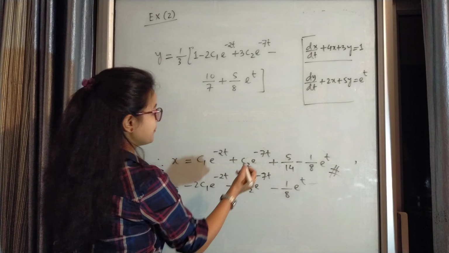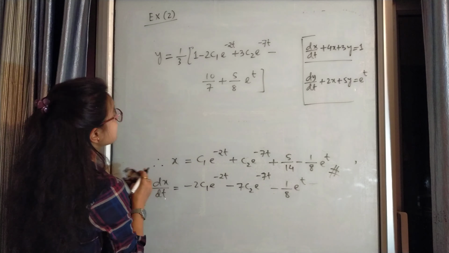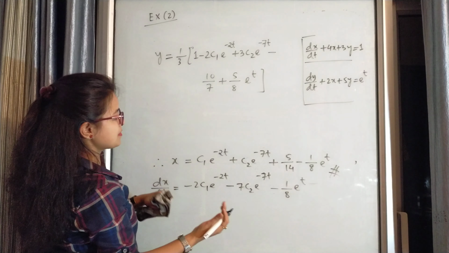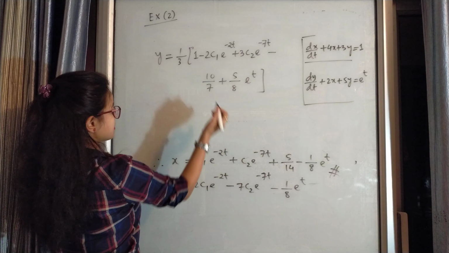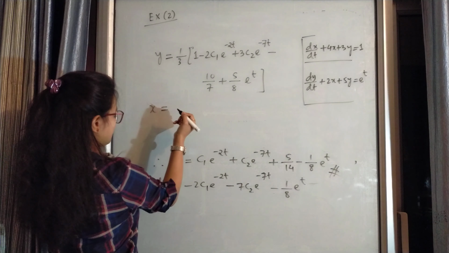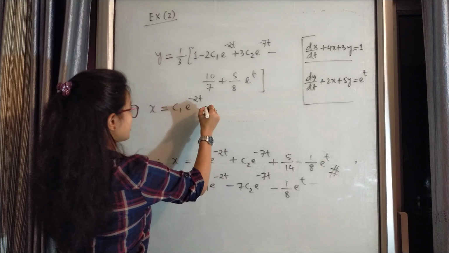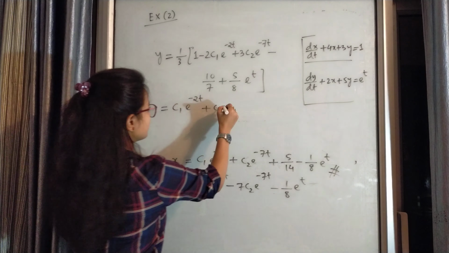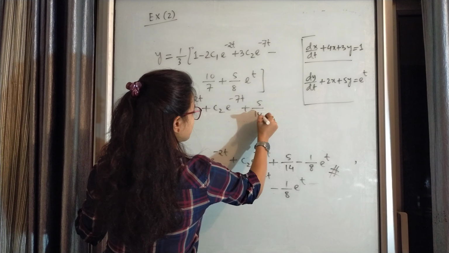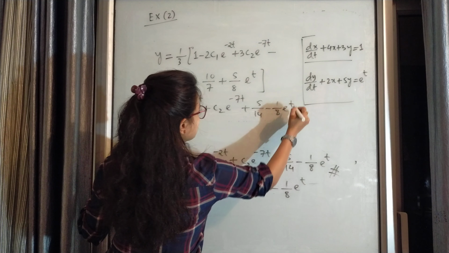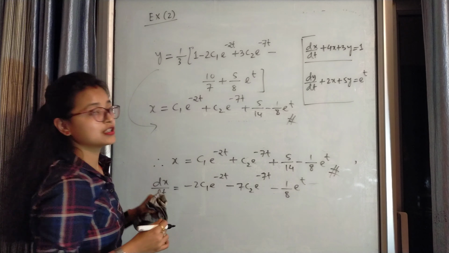Hence, the general solution to the system is, you can write this here, x is equal to c1 e to the power minus 2t plus c2 e to the power minus 7t plus 5 by 14 minus 1 by 8 e to the power t, and y here. So the general solution to the system.